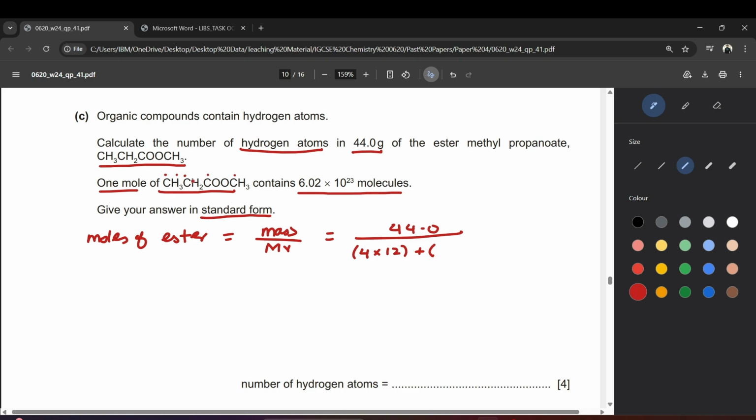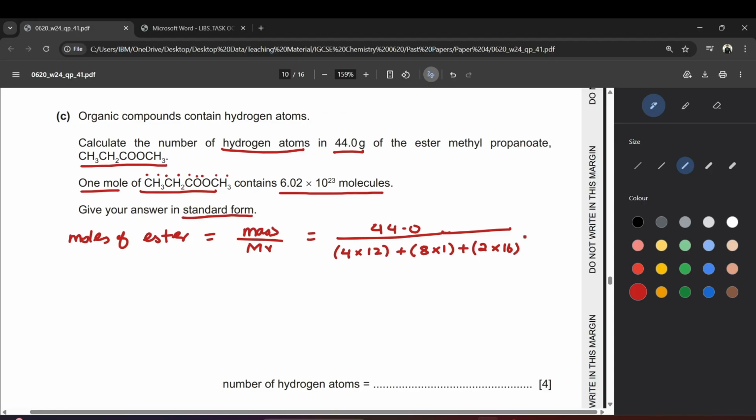We have 3 plus 2, 5, plus 3, 8. So 8 times 1, 1 is the Ar value of hydrogen. Plus, now we have oxygen. So we have 2 oxygen atoms, so that will be 2 times 16. Okay, so this would be equal to 44 upon. So let me work this out.